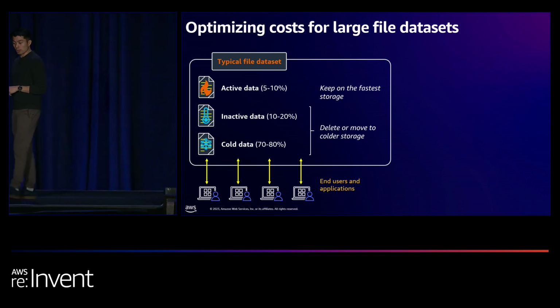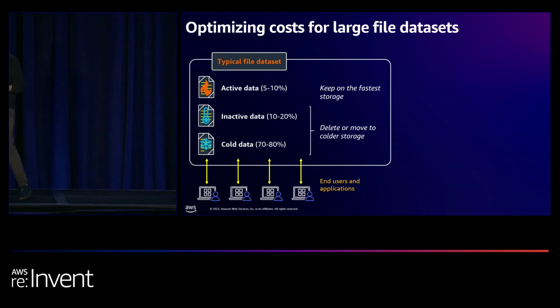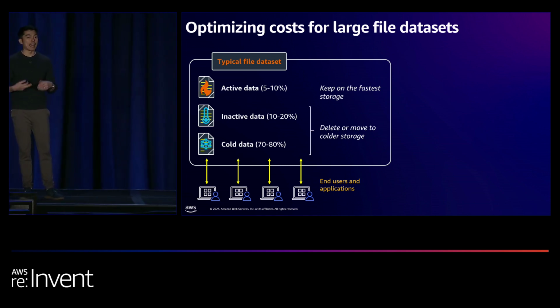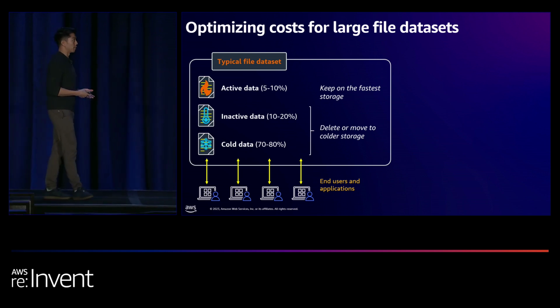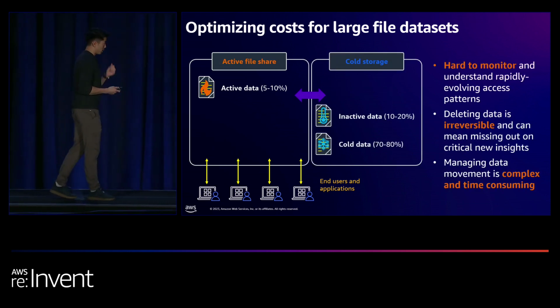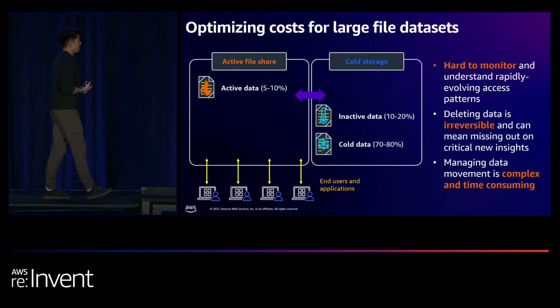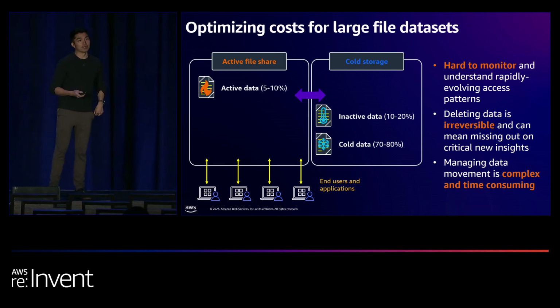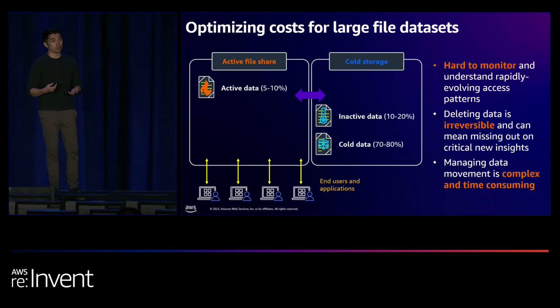And what's more is that your data is typically evolving across these categories. What's active this month isn't going to be active next month. What's cold this month isn't going to be cold next month. So we see builders struggle with this a lot. Because what they typically try to do is move their inactive and cold data into cold storage.